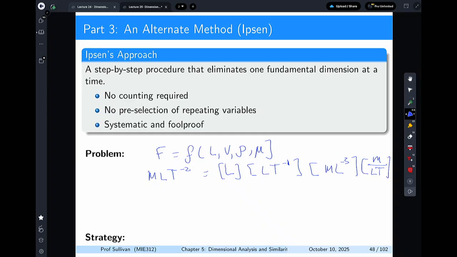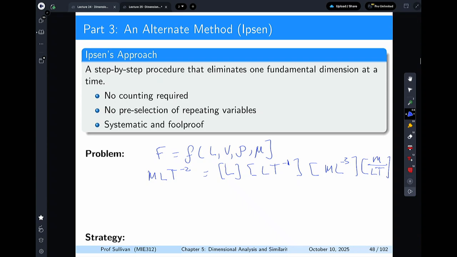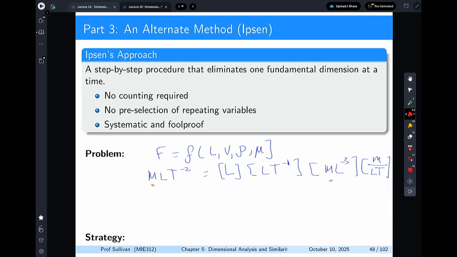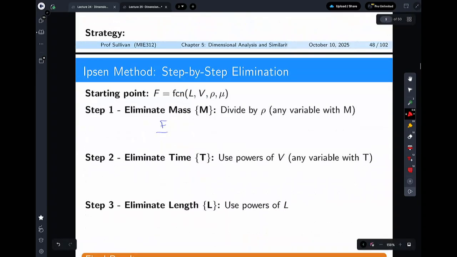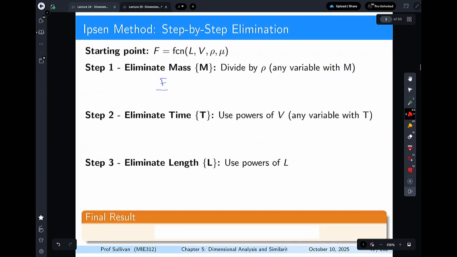So what I want to do first is eliminate the mass. That's straightforward because I have mass here and here. But I can divide that out by rho across each of these terms. So if I take it here, divide by rho, and divide by rho, then I have eliminated it.